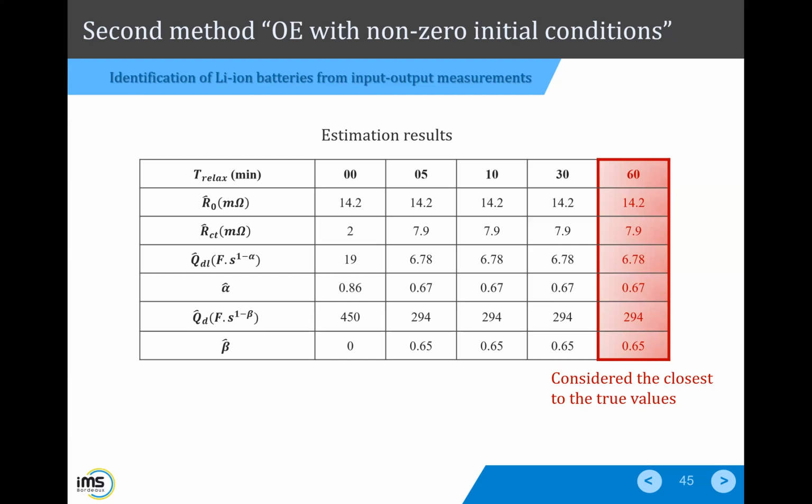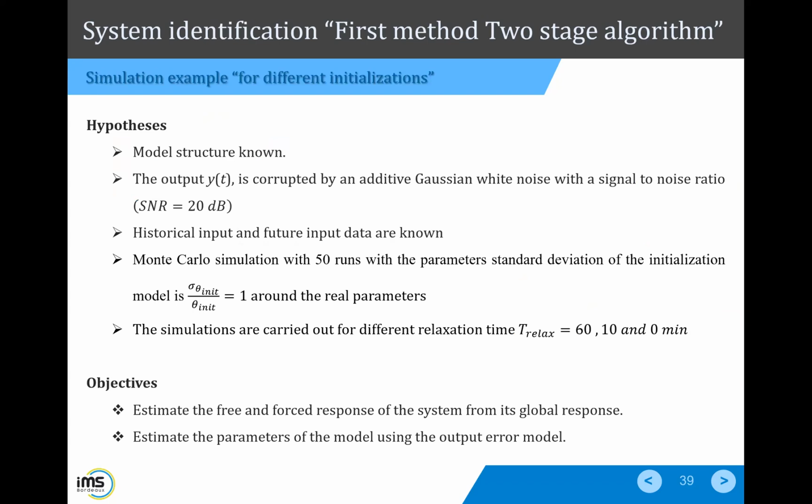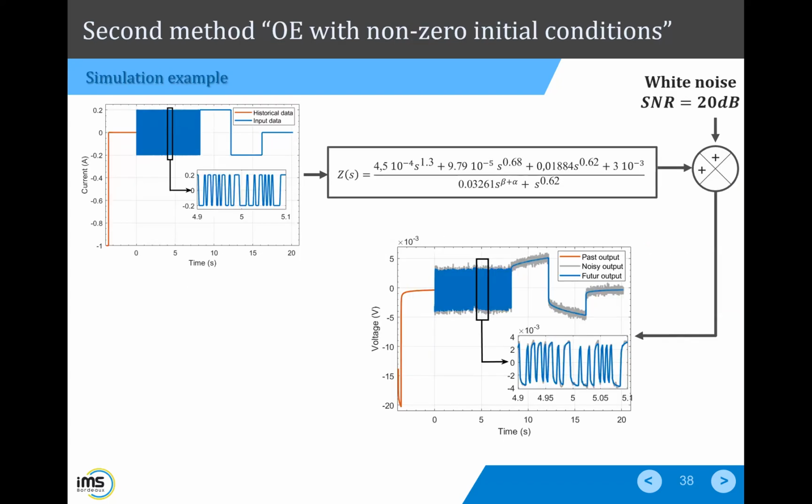You can just go back to the simulation results. Is there noise in the simulation? Yes, there is a noise of 20 decibels.